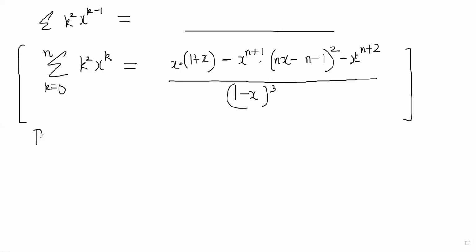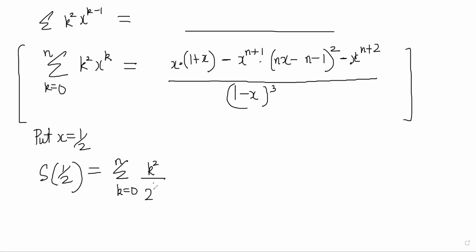So here at this stage, we'll put x is equal to half, and that will give us s of half. And that is basically summation of k goes from 0 to n, k square by 2 power k. And that answer should come out for you as 6 minus n square plus 4n plus 6 by 2 power n.